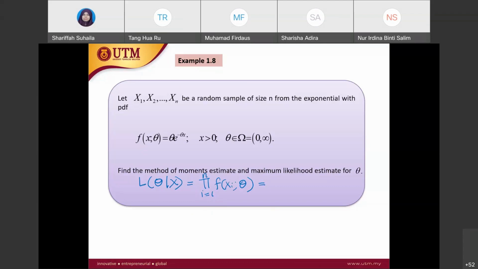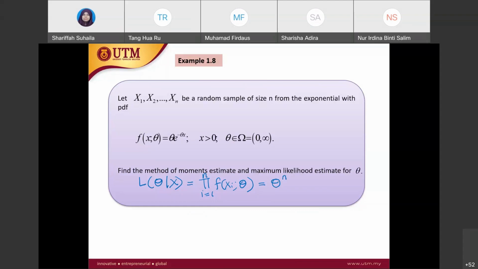Okay, so that means kita ada theta exponential negative theta x1, theta exponential negative theta x2, sampailah kita ada theta exponential negative theta xn. Okay, now you simplify. Apa yang kau dapat? So you have theta, theta, theta, n times. So you should have theta to the power n.